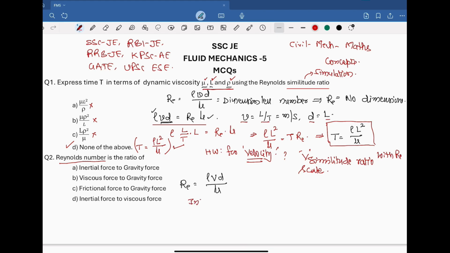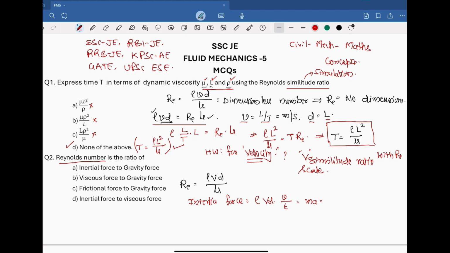Inertia force is equal to rho into volume into velocity by time. Inertial force is nothing but m into a.